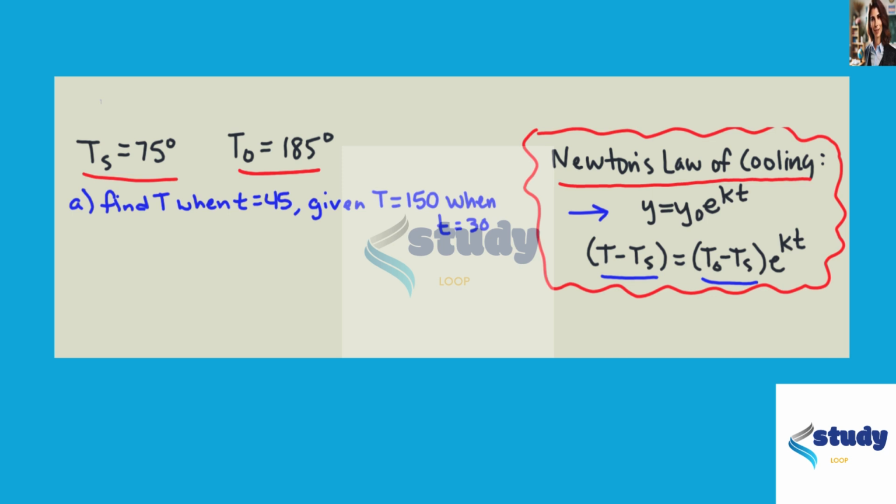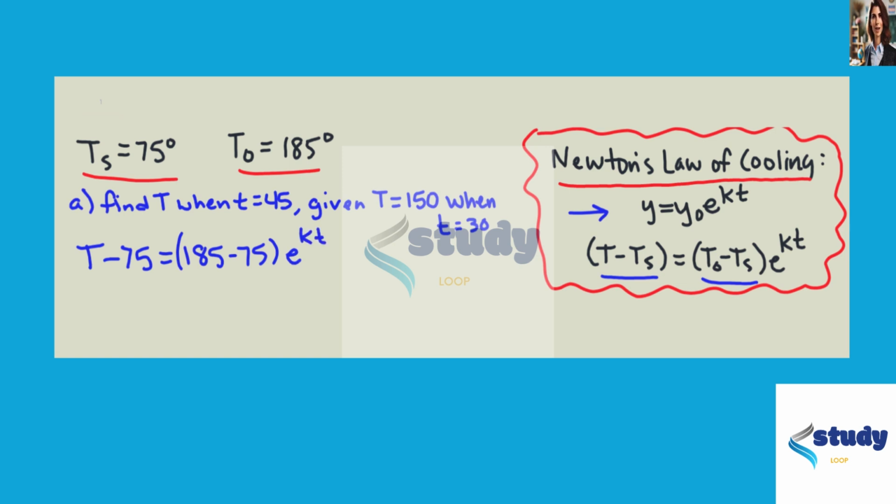So we can go ahead and substitute those numbers into our equation, and we have T minus 75 equals 185 minus 75 times e raised to the power kt. We haven't found k yet.